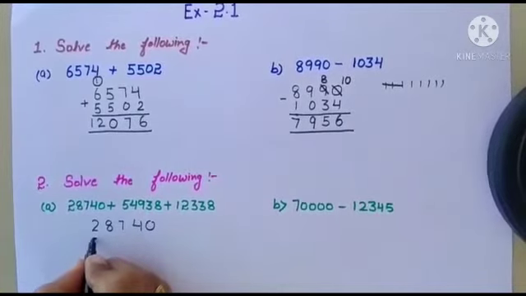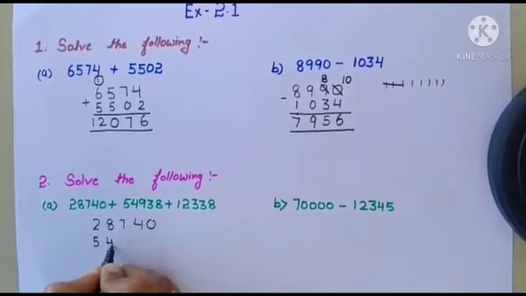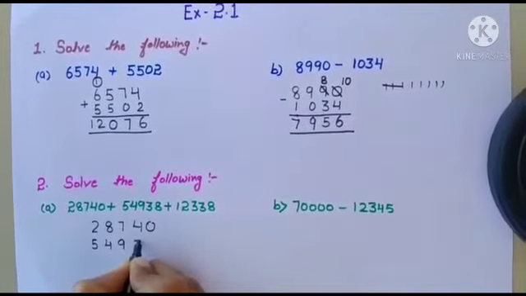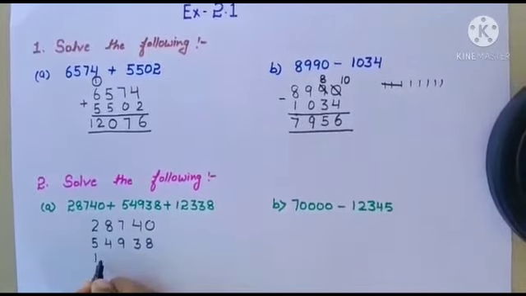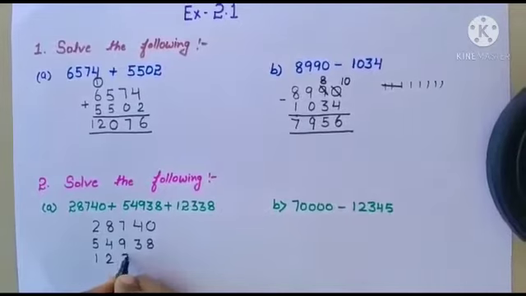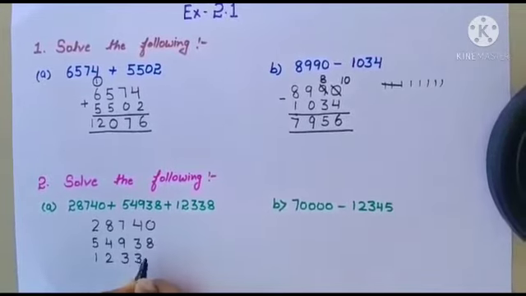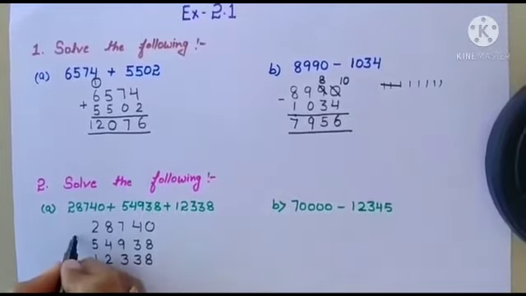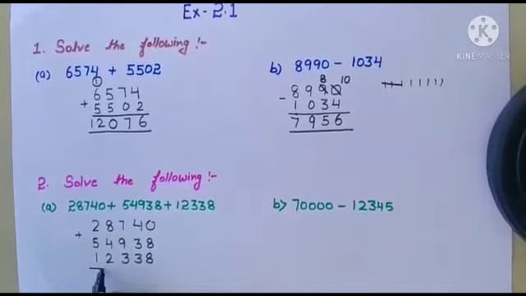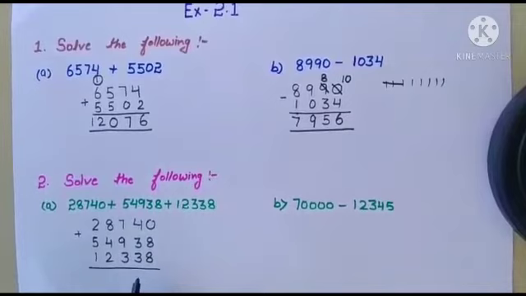Next is 5, 4, 9, 3, 8. After that the third number is 1, 2, 3, 8. Here the sign is plus, so we will put the plus sign and do plus here.